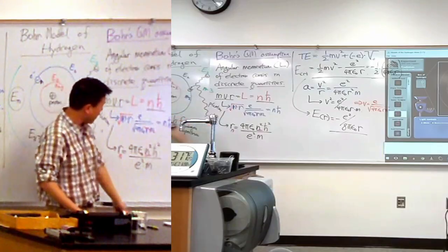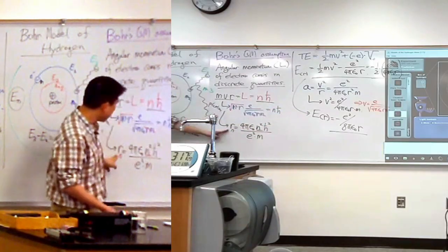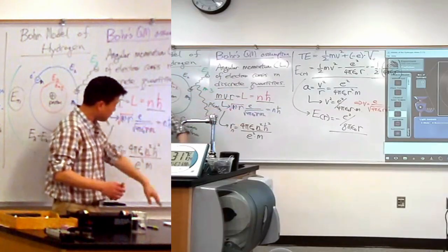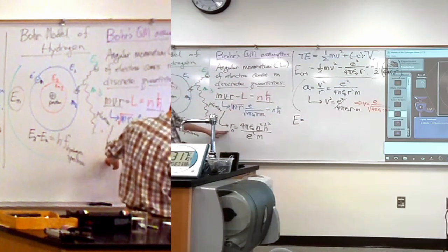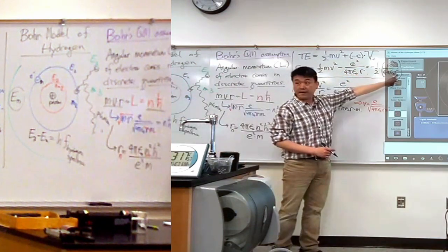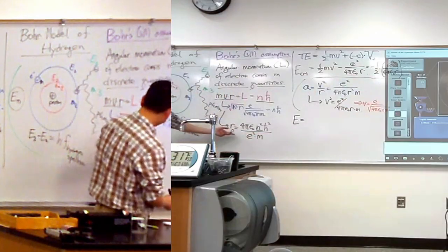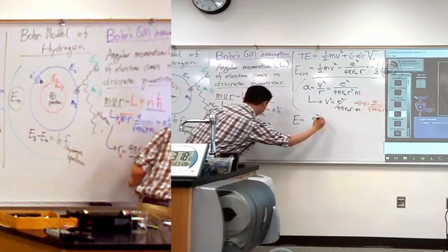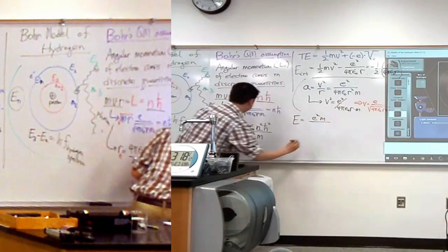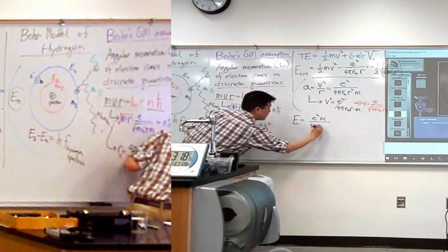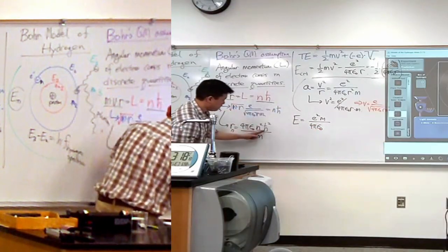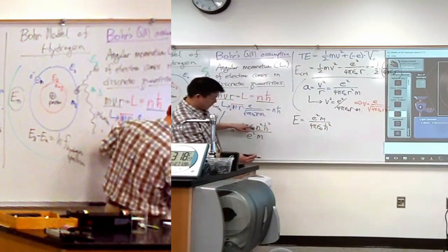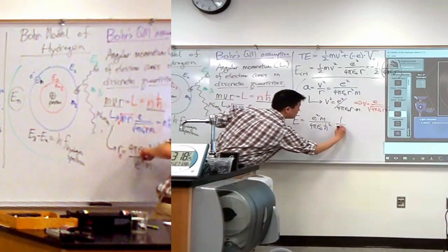I happen to have energy already expressed in terms of radius r. So let's see what this energy is in terms of all these other things. I want to plug in this Rn, or rather 1 over Rn. So it's e squared m divided by 4 pi epsilon naught, skip n for now, h bar squared, and then I'll have 1 over n squared.